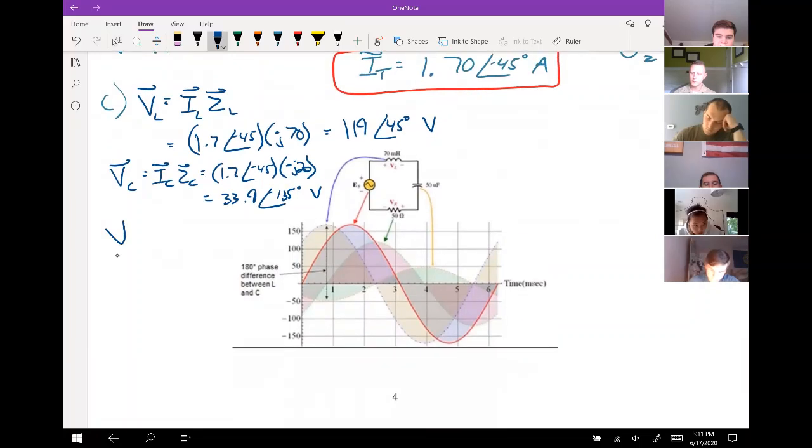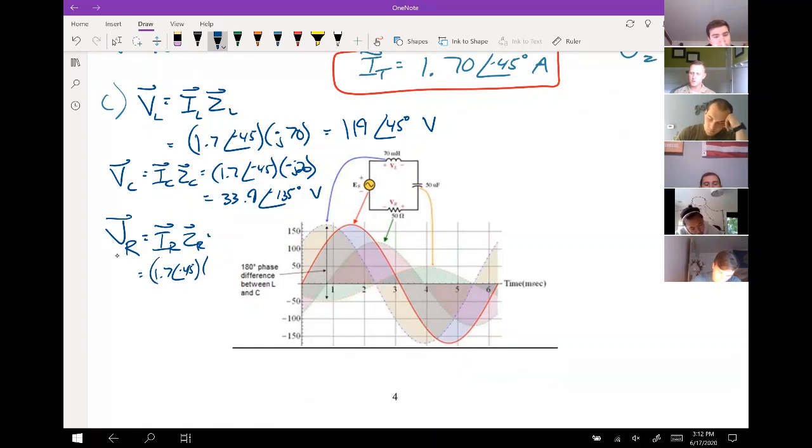The voltage of the resistor, should have cleared this out because I'm drawing over, kind of getting a little bit messy. But the current going through the resistor is the same as the I total. The Z of the resistor will just be the ohms. So in this case, 1.7 angle negative 45.